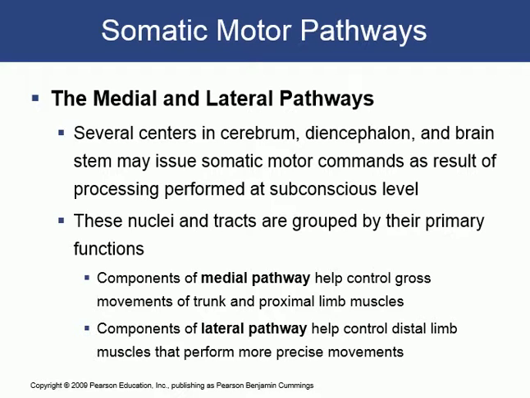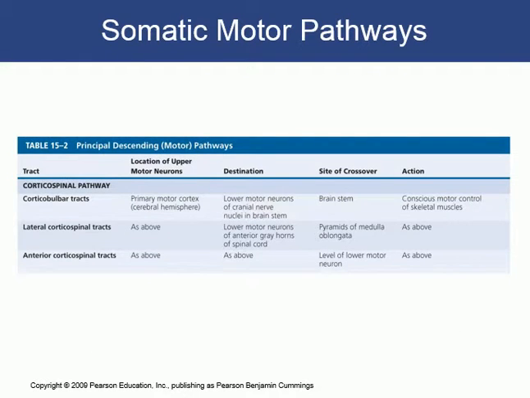The medial pathway, this is what you have to know. The medial pathway will control trunk and proximal limbs. The lateral pathway will control the distal part. So if you compare the three descending tracts, the three corticospinal tracts, all of them will be starting from the primary motor cortex.